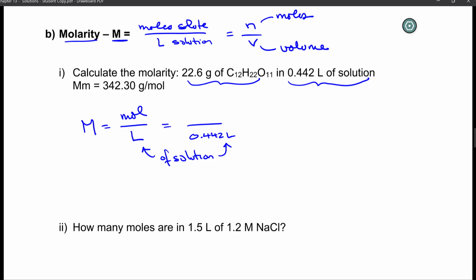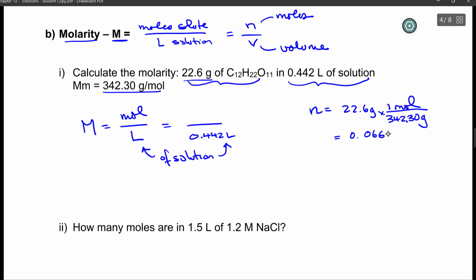Okay, so I need moles. How am I going to calculate moles? Well, I'm given grams. You would calculate the molar mass. So moles, n, is equal to 22.6 grams, and it's 342.30 grams for every 1 mole. And that gives me 0.066023.